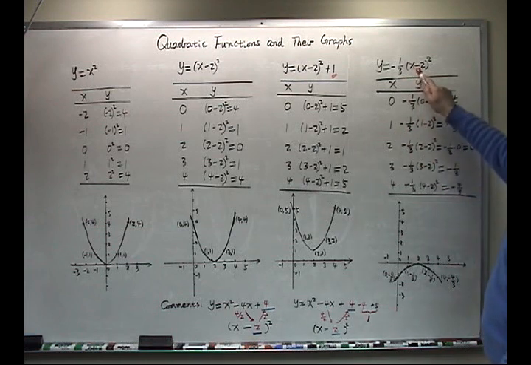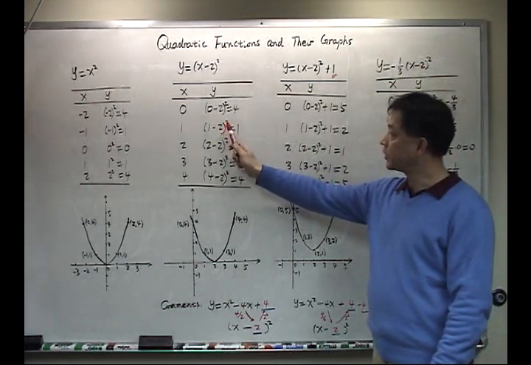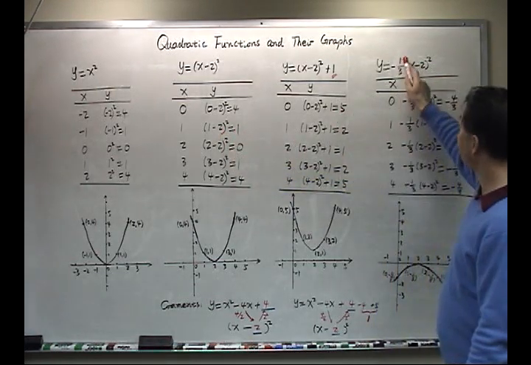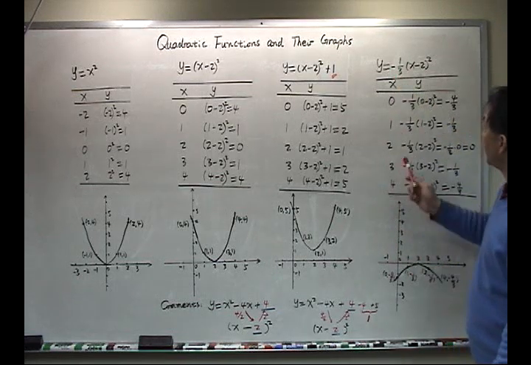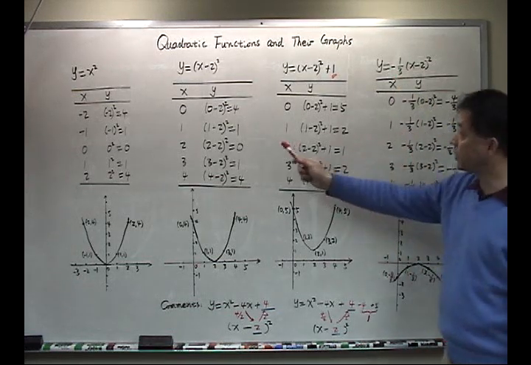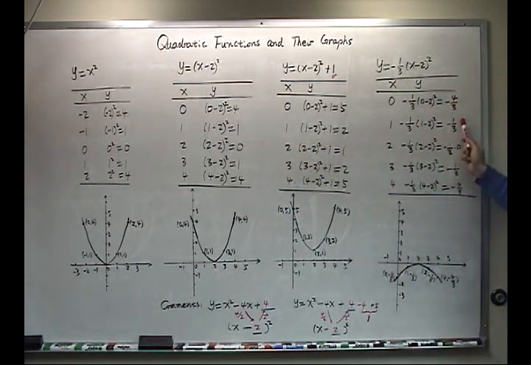You plug in 1 here, inside the parentheses is 1 minus 2 squared. We have a coefficient negative 1/3, so it's divided by negative 3. So it's this 1 divided by negative 3. You have a negative 1/3.